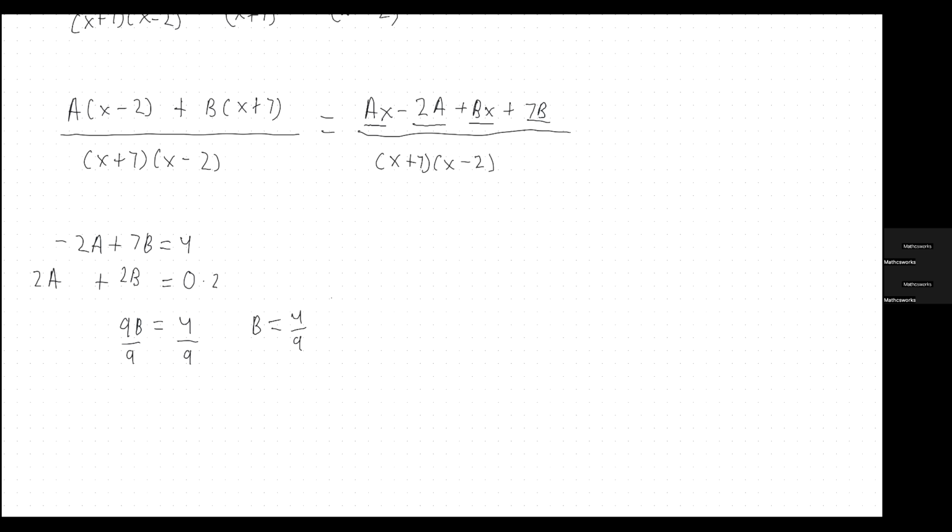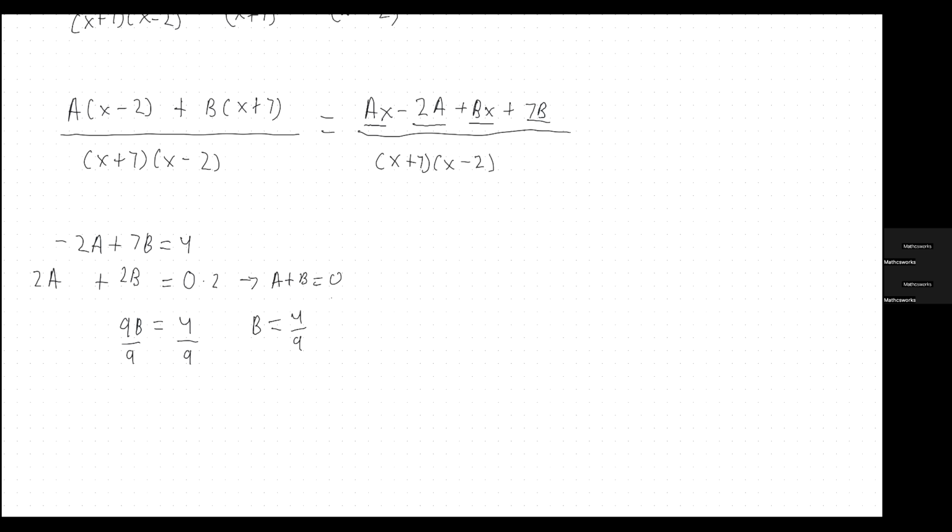Right? So let's plug this into the system of linear equations. The easiest one to find what the A value is would be to use what this system was before, which was just A plus B is equal to 0.